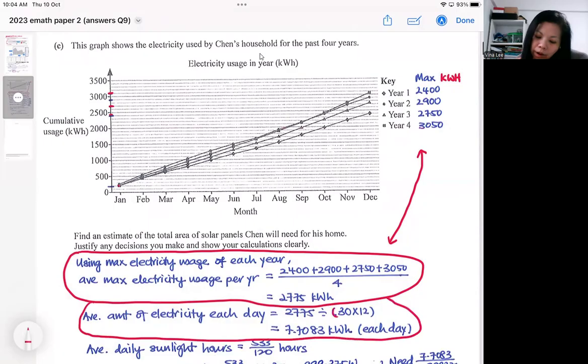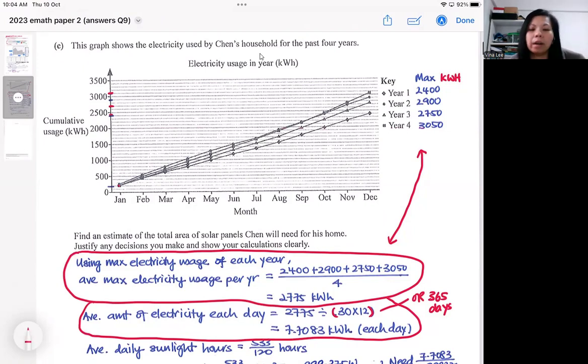So I choose to divide by 12 months of 30 days. But of course, it can be 365 days. It's fine. So you must know that this is the amount of electricity that you need every day, and your solar panel must be able to provide this every day.